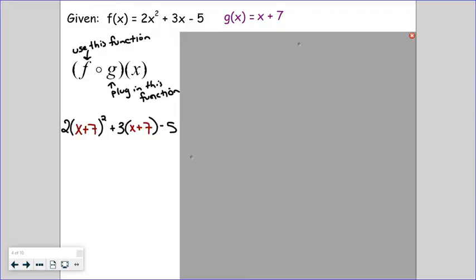And so on this one, remember that if we have a binomial squared, x plus 7 squared, I need to do that first and then distribute. Write it twice and FOIL. I need to distribute the 3 all the way through that. Okay. So we'd get x squared, 7x plus 7x is 14x.